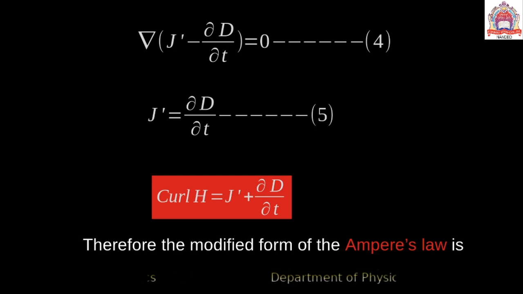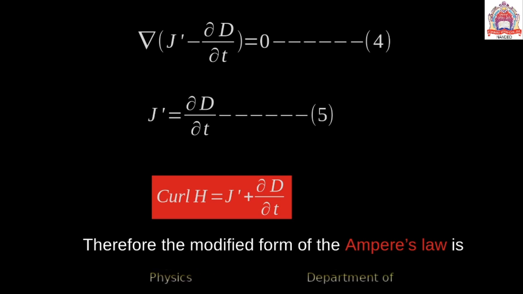As we know, D is nothing but epsilon times E. It is not possible in the case of time varying fields to deal separately with electric and magnetic fields; instead the two fields are interlinked, giving rise to the electromagnetic field. Thus the displacement current results in the unification of electric and magnetic phenomena.